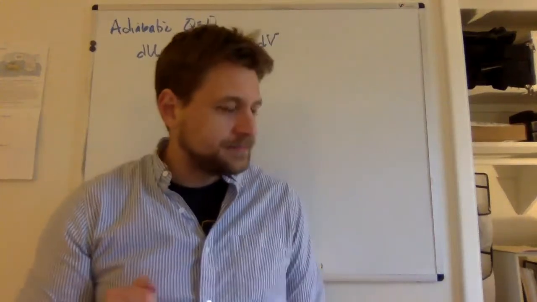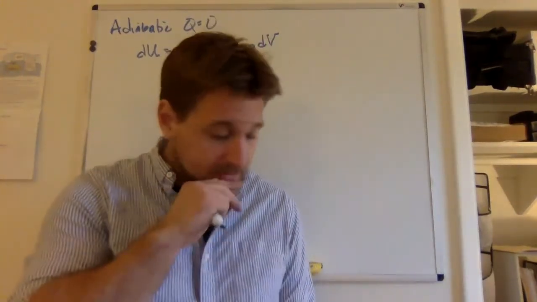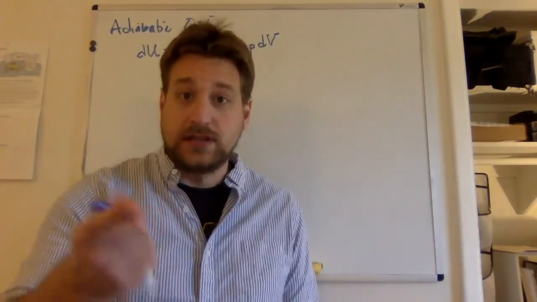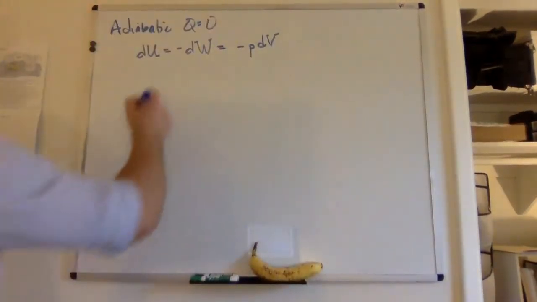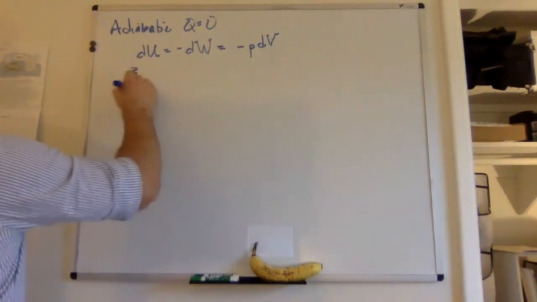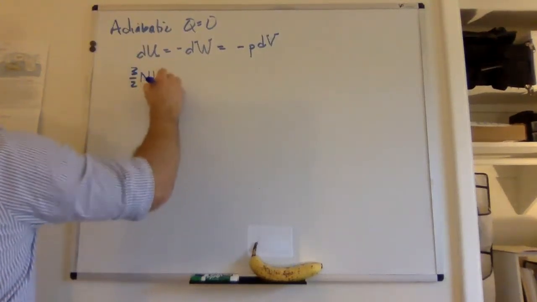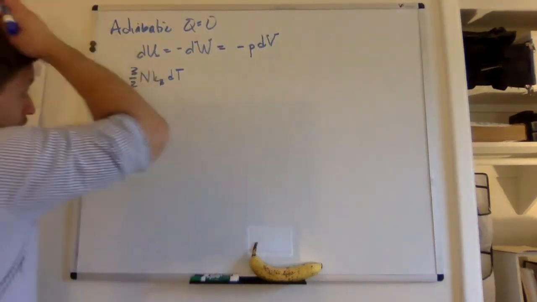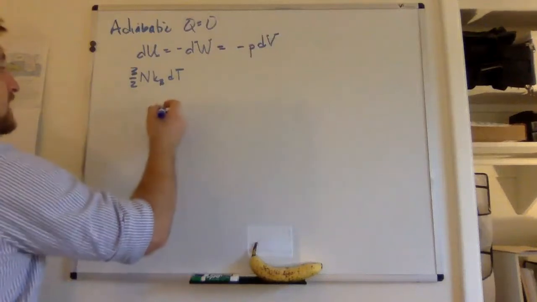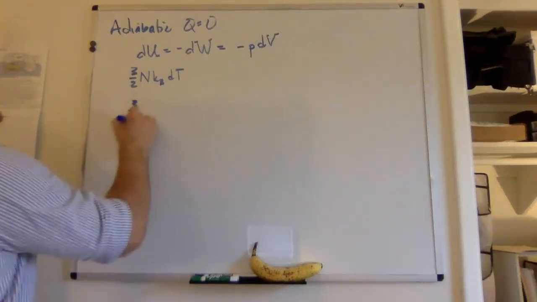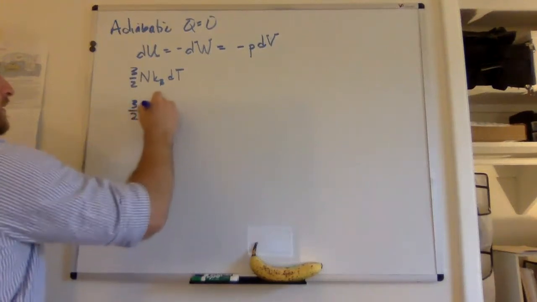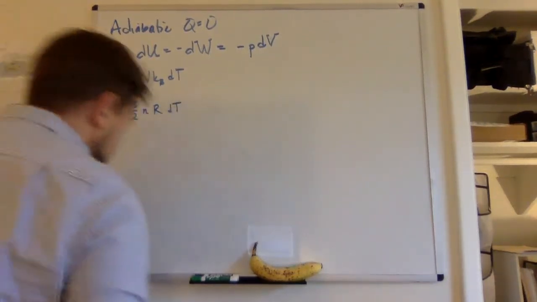The change in the internal energy of the ideal gas, we've got 3/2 N k_B dT. Now, based on what we said in our previous segment, 3/2 N k_B we said was equal to nR dT.